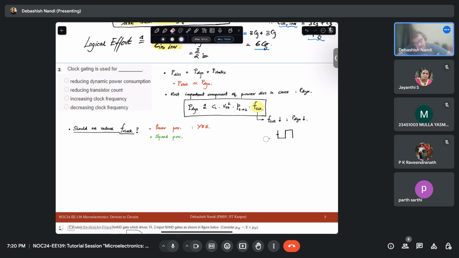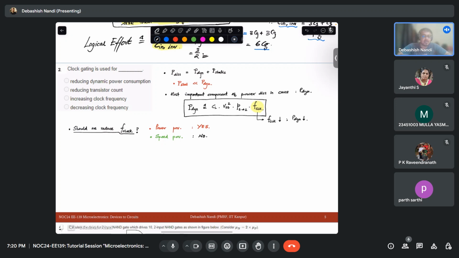So you see, from speed point of view, it is a big no. Because the biggest struggle in today's industry, why we have gone to multiple cores in our processors, is that we cannot increase the clock frequency beyond around, let's say, 5 gigahertz.